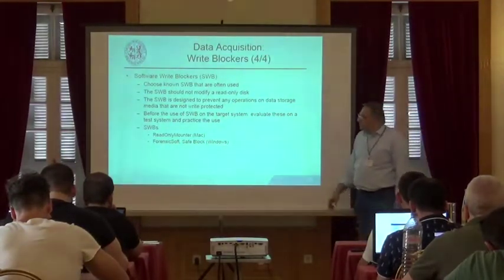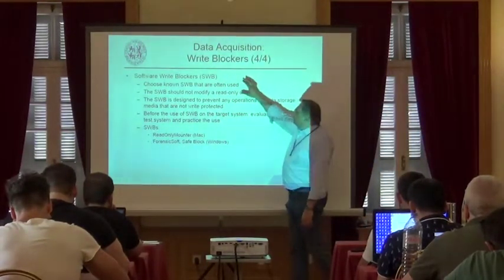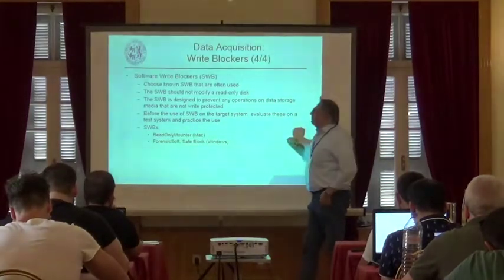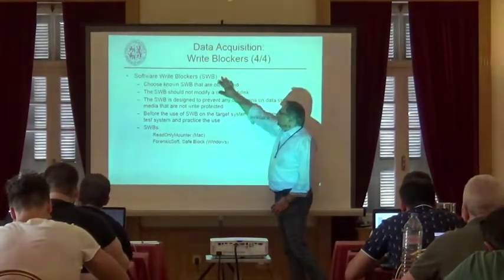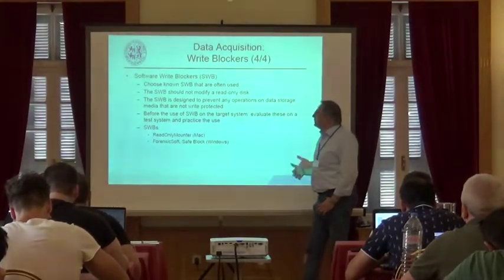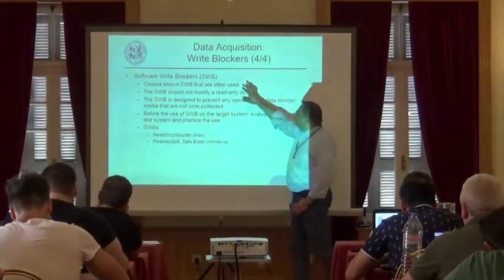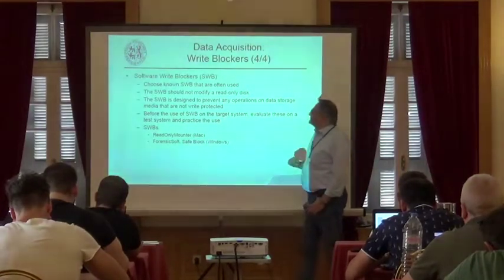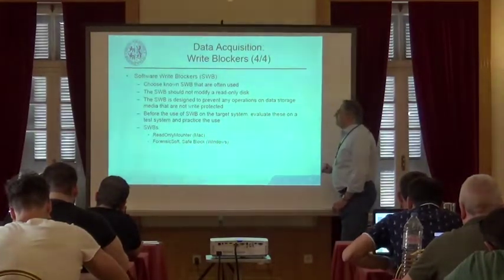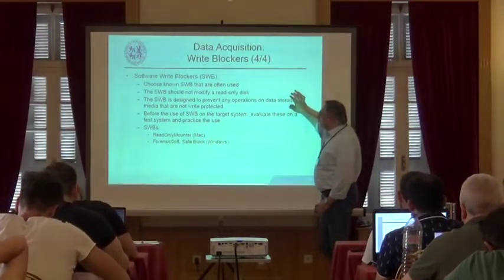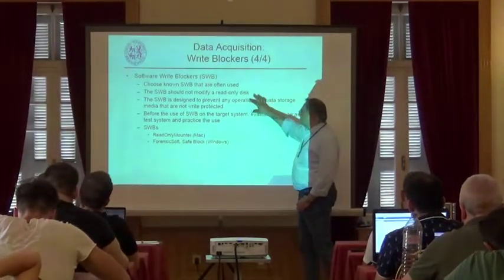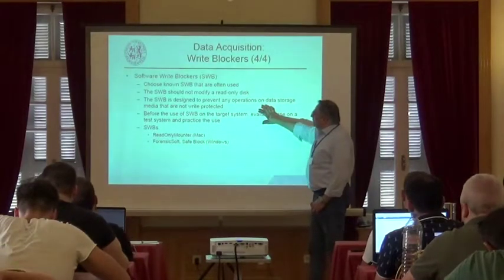In the case of the software blocker, you need to choose a known piece of software with a trusted track record, and you need to know that under no circumstances will it modify the disk, and it will not mess with the disk drive.